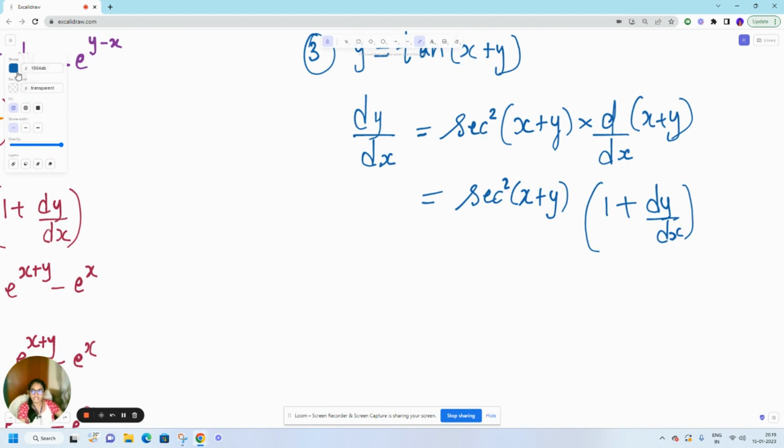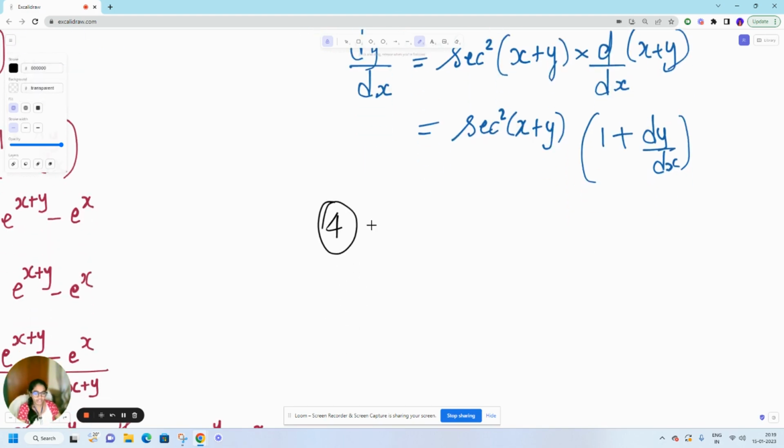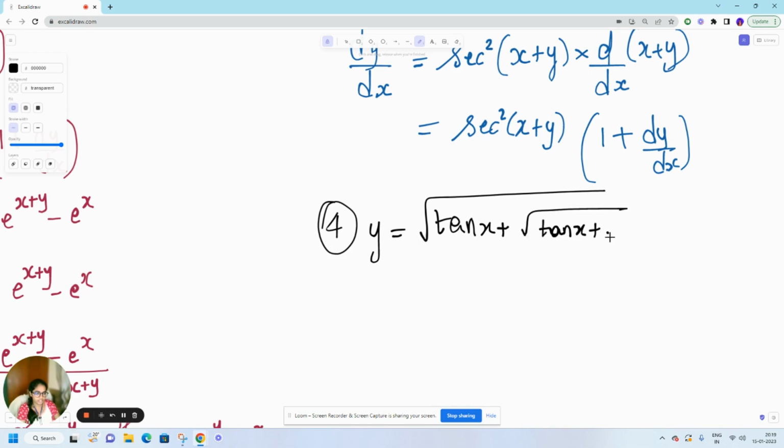Moving on, that is the fourth one. Find the derivative of y is equal to square root of tan x plus square root of tan x plus square root of tan x plus so on up to infinity.